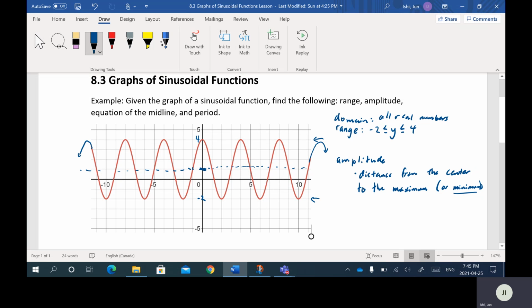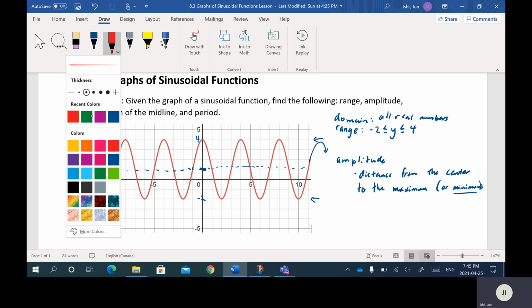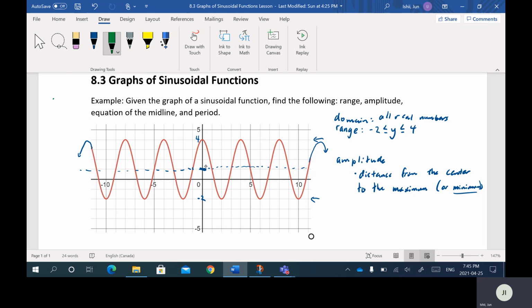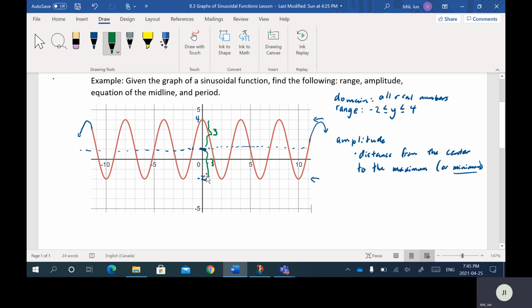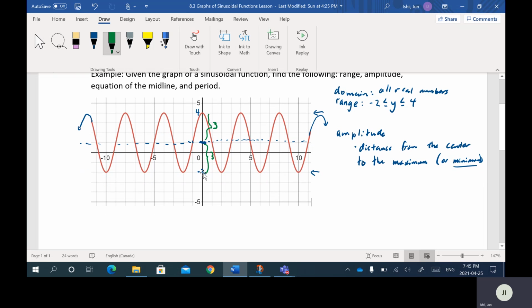It's going to be 3 units up this way, and then another 3 units down this way. So the center here is at 1. Therefore, the amplitude is the distance from the center to the maximum, which is 3. Since we're talking about center, it's the same distance as the minimum. So here the amplitude is equal to 3. A is equal to 3.